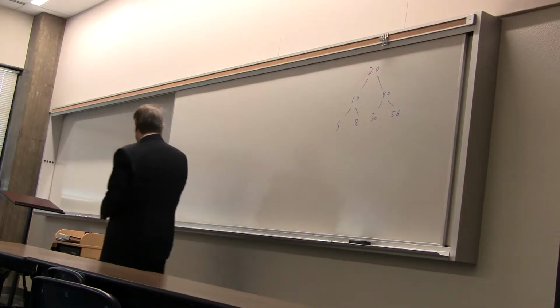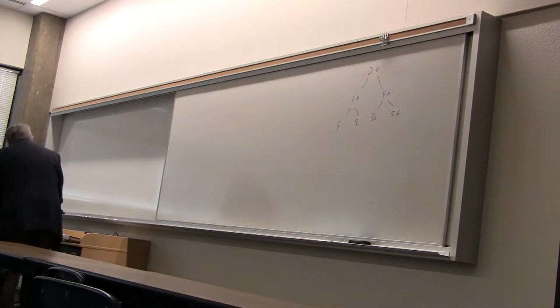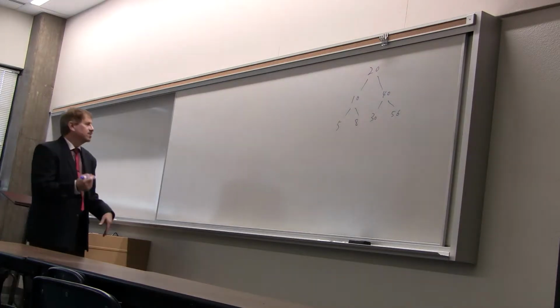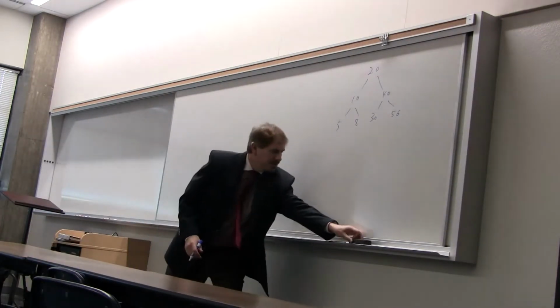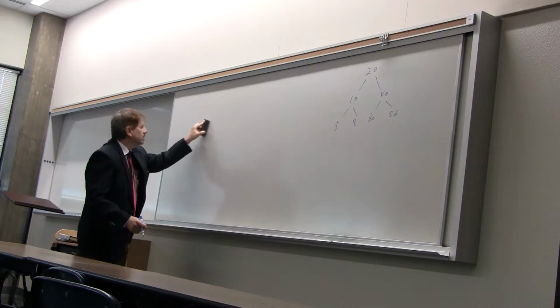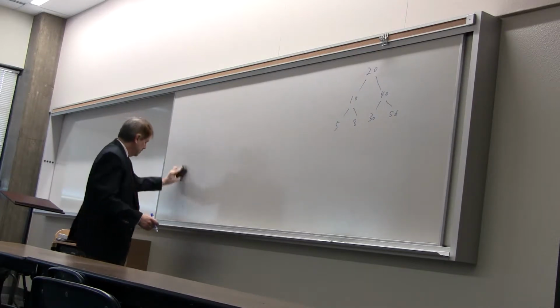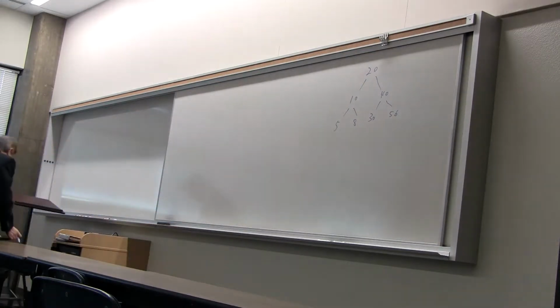So there's a typical tree that may have been built, and we had this in order traversal method, which looked like this.